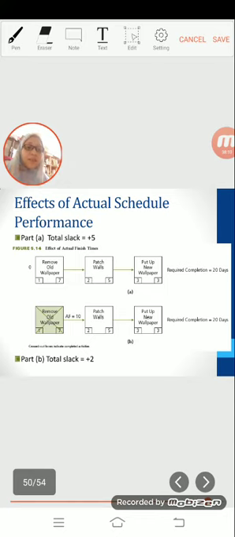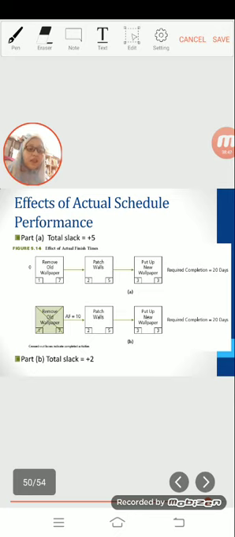Remember, because removing all wallpaper actually finished on day 10, the ES for patch wall will be day 10 and EF will be day 15. Following through the forward calculation, we find that put up the new wallpaper will have an ES of 15 days and EF of 18 days.